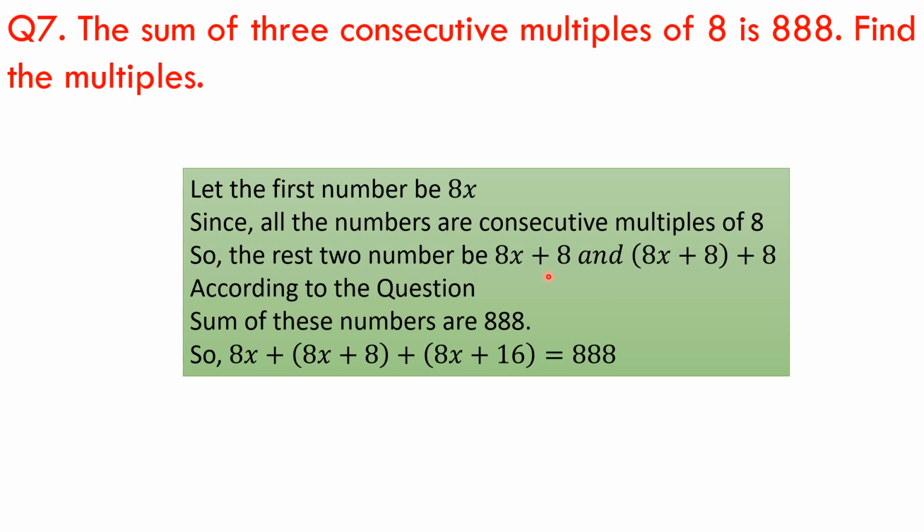Third number is also a consecutive number, so it will be in the bracket 8x plus 8 plus 8, which is equals to 8x plus 16. According to the question, sum of these numbers is 888. So 8x plus in the bracket 8x plus 8 plus in the bracket 8x plus 16 equals to 888.